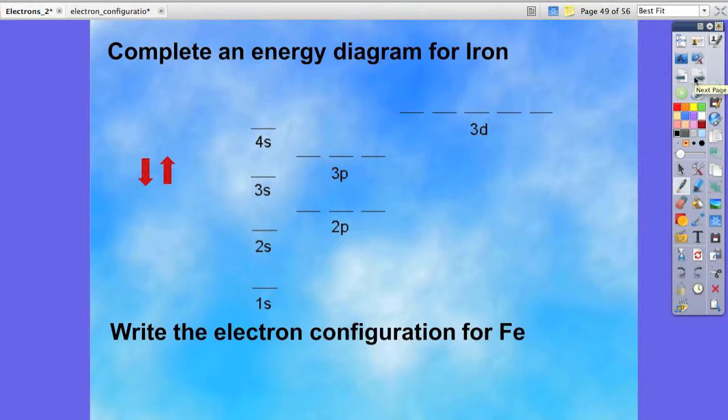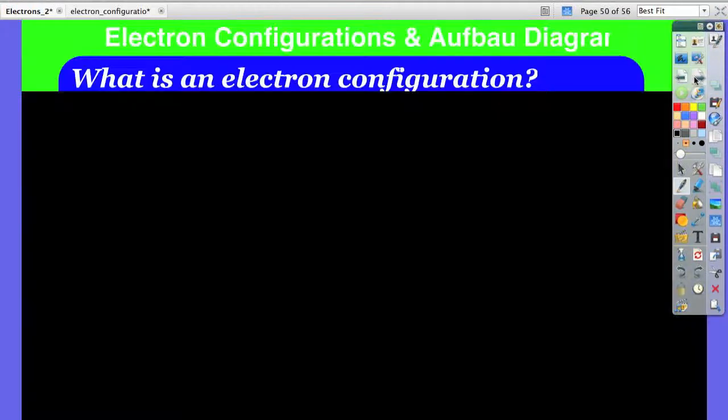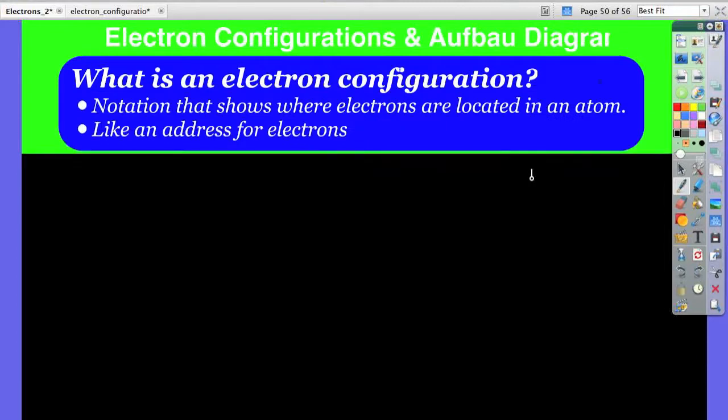Okay, let's just recap what we have learned so far. What's an electron configuration? It is the notation that shows where electrons are located in an atom. Just like in the YouTube video that we watched, we start placing electrons in different orbitals. We're not following Bohr's model anymore. We're following the quantum model now, predicting where electrons can be located in all these different orbitals.